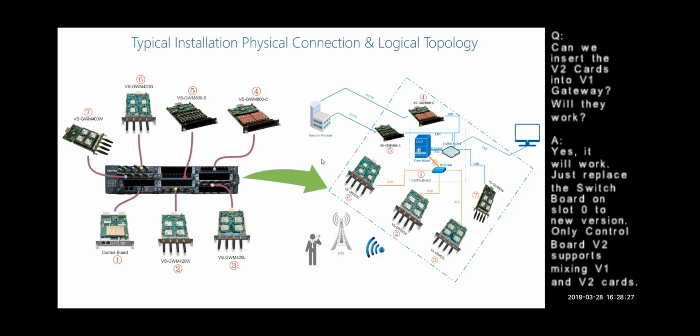As you can see in this picture, there are V1 modules and V2 modules. If you want to insert the V2 cards into a V1 gateway, you need to change the control board. That means you need to replace the control board.